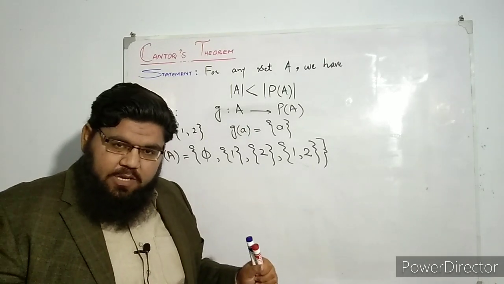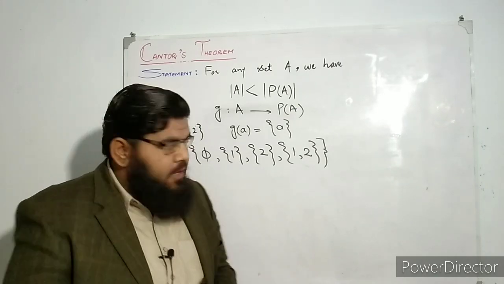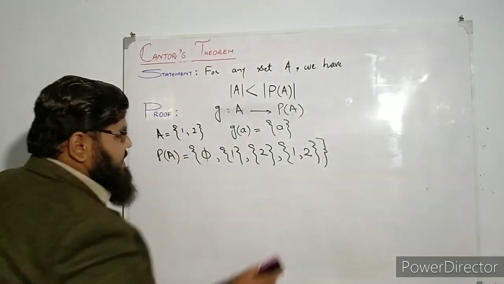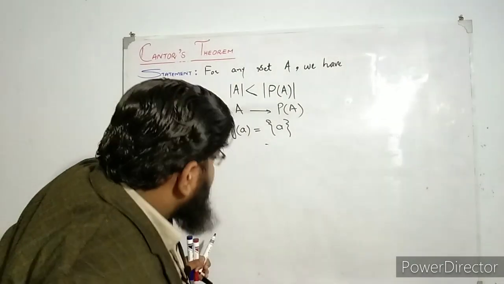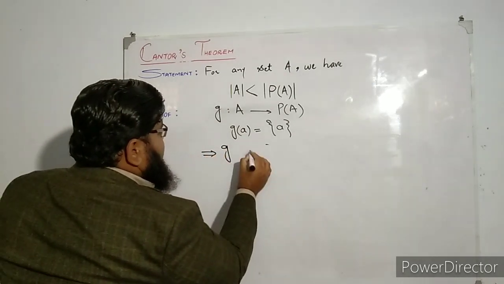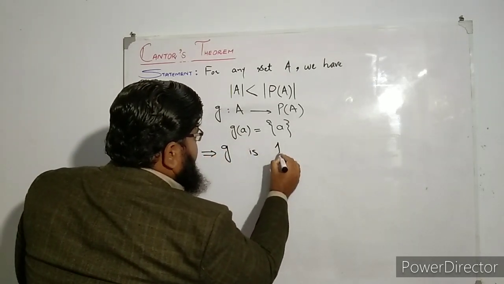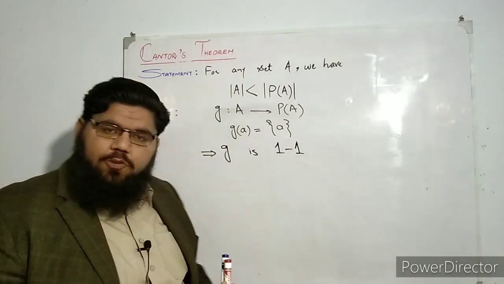That is not possible. Okay, so this is a 1 1 function. It's very obvious from here. So I can say this very safely, that the mapping G is a 1 1 mapping, 1 to 1 function, whatever you call it.